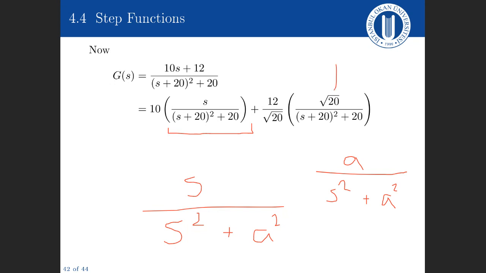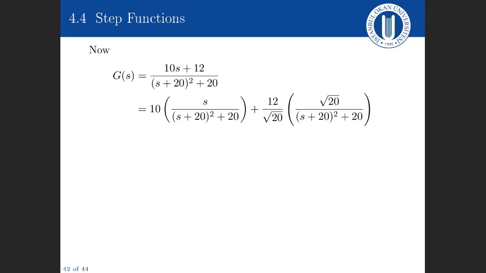So I want to keep a square root of 20 in here, so that the number on the top is the square root of the 20 on the bottom. And then what numbers am I left with? I'm left with 12 over root 20. So that's why I'm taking the 10 out and I'm taking 12 over root 20 out.